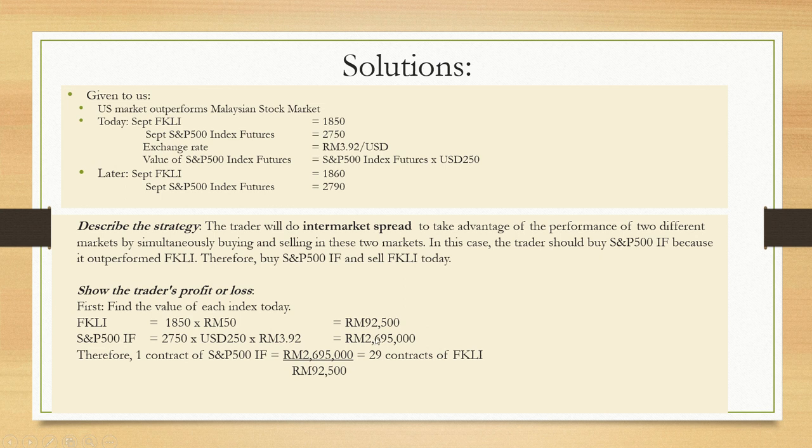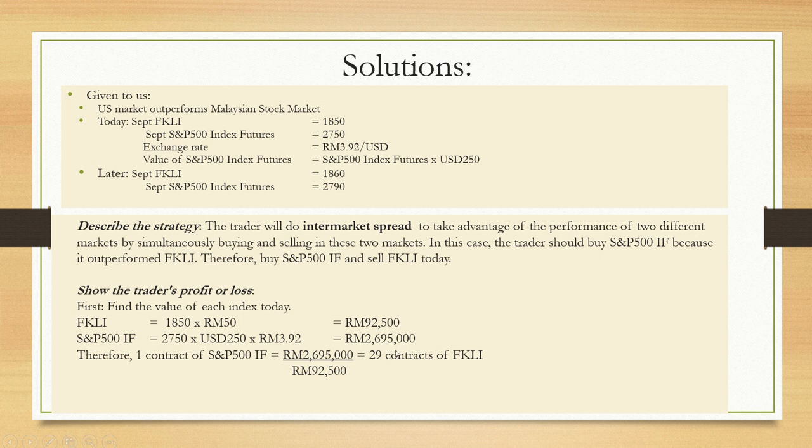So how to know the number of FKLI needed untuk sama dengan satu S&P 500 index futures? We will take the value of S&P 500 index futures, 2.695 million ringgit, kita bahagi dengan value of FKLI, 92,500.